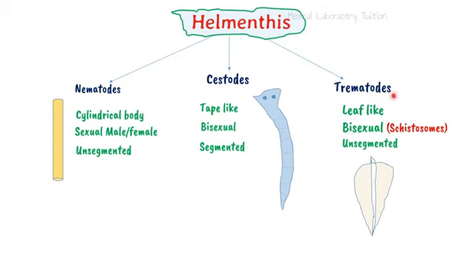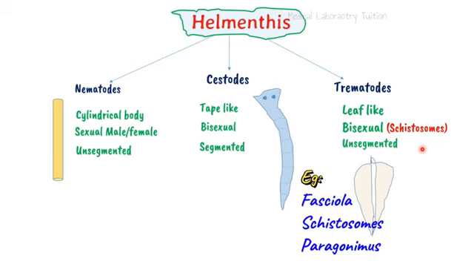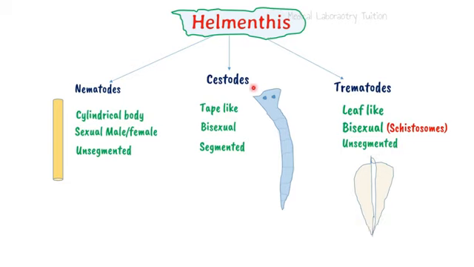Another, we have trematodes, which are leaf-like in structure, you can see, and bisexual except schistosomes. Bisexual means containing both female and male sexual organs within a single parasite, okay. But except for schistosomes, where male schistosomes and female schistosomes are different, and they are also unsegmented. So only the segmented one is the cestode, which has a tape-like structure.